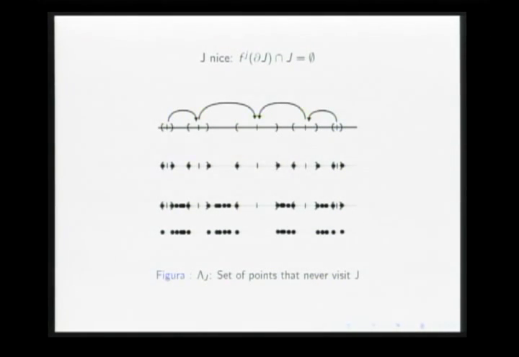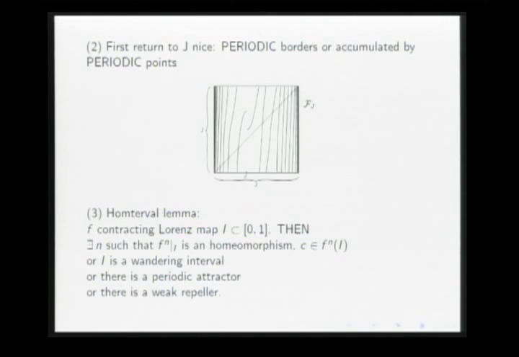And you can throw away the set and all the pre-images, and the remaining set, we call lambda G, is the set of points that never visit G. This has Lebesgue measure 0 because of Mañé's theorem. So when we consider nice intervals, the first observation is that first returns to nice intervals have to have periodic borders, or they are accumulated by periodic points, okay?